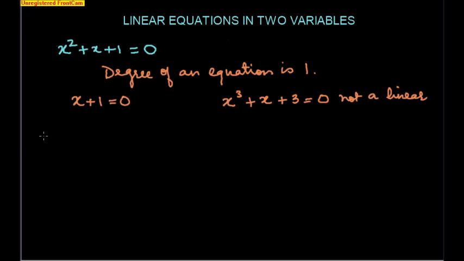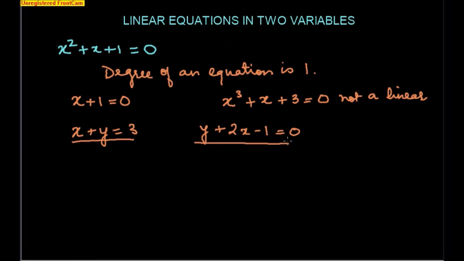Now what are two variables? We all know variables: x, y, a, b, y, z. An equation which includes two variables, such as x plus y is equal to 3 or y plus 2x minus 1 is equal to 0, these are all examples. These two are examples of linear equations in two variables.